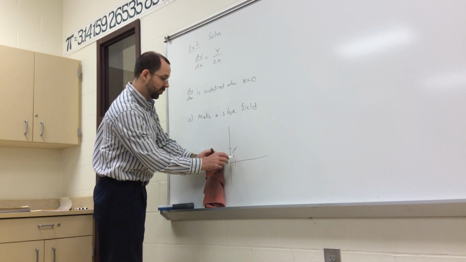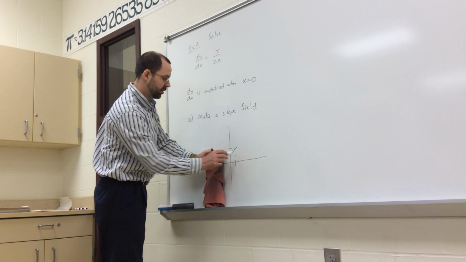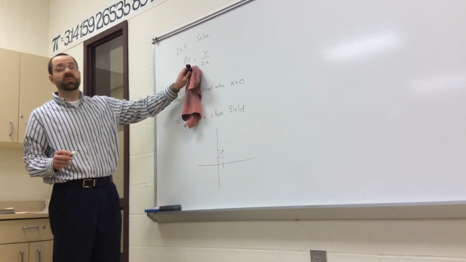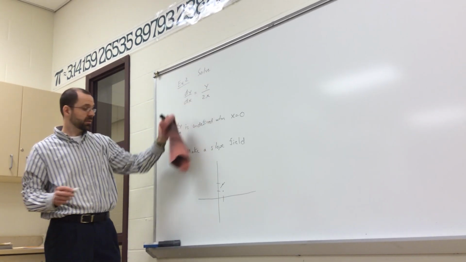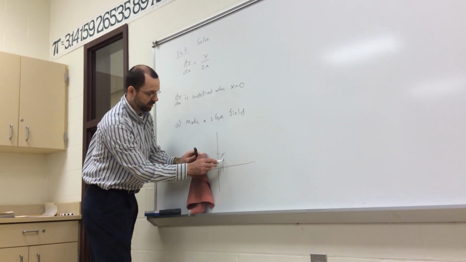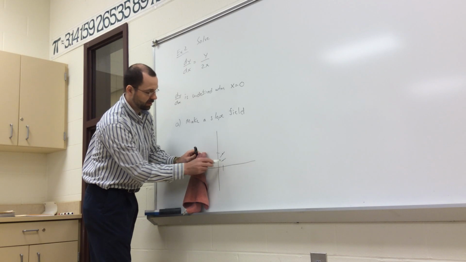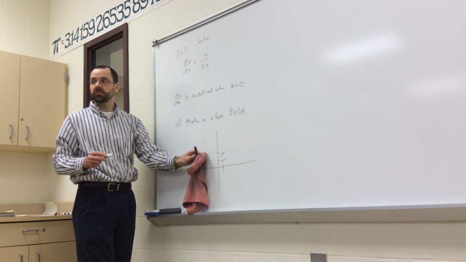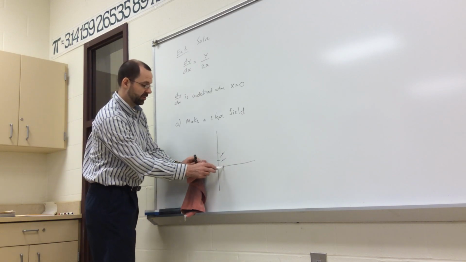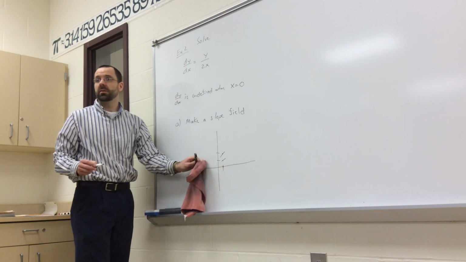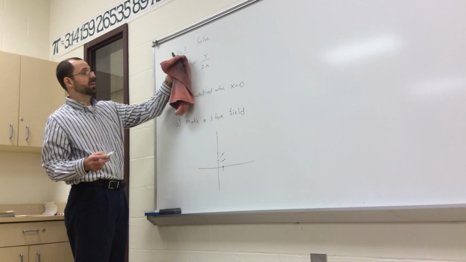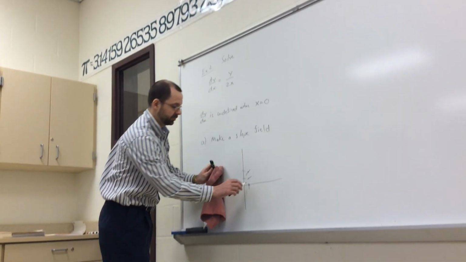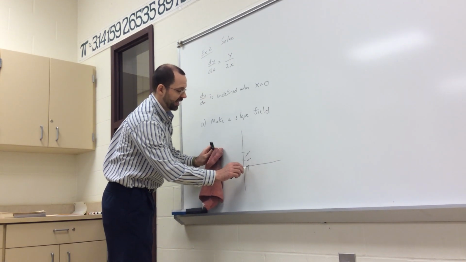Okay, now let's try (1, 1). That'll be 1/2. So just shallower than 1. Okay, now let's try (1, 0). The y is 0. So it'll be 0 divided by 2, so 0. So draw a little flat line there.